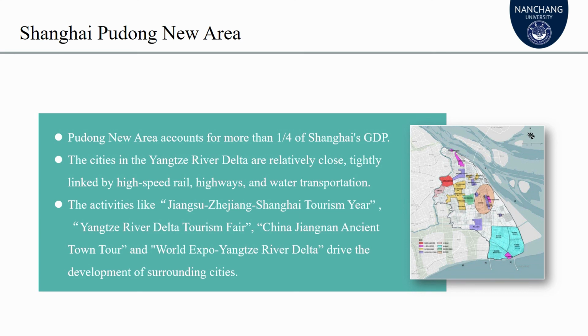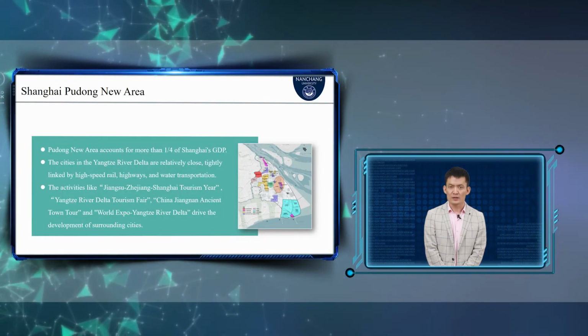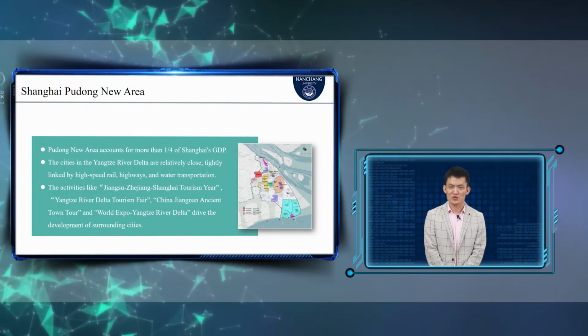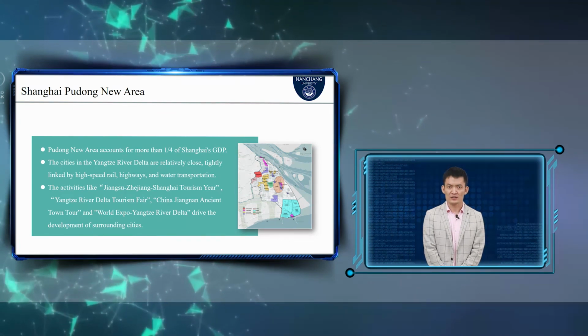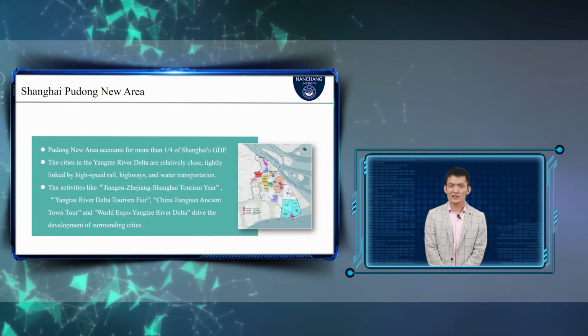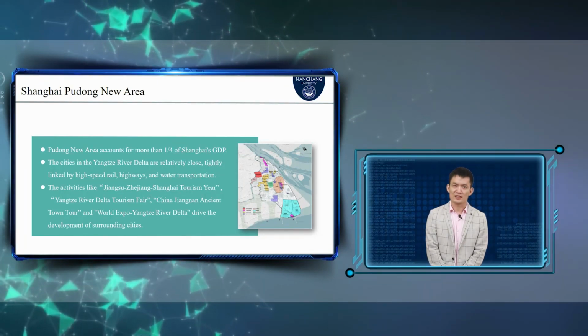In 2010, the World Expo Yangtze River Delta Tourism Cooperation Coordination Committee was established to take advantage of the Shanghai World Expo as an opportunity to deepen tourism cooperation in the Yangtze River Delta and drive the development of surrounding cities.